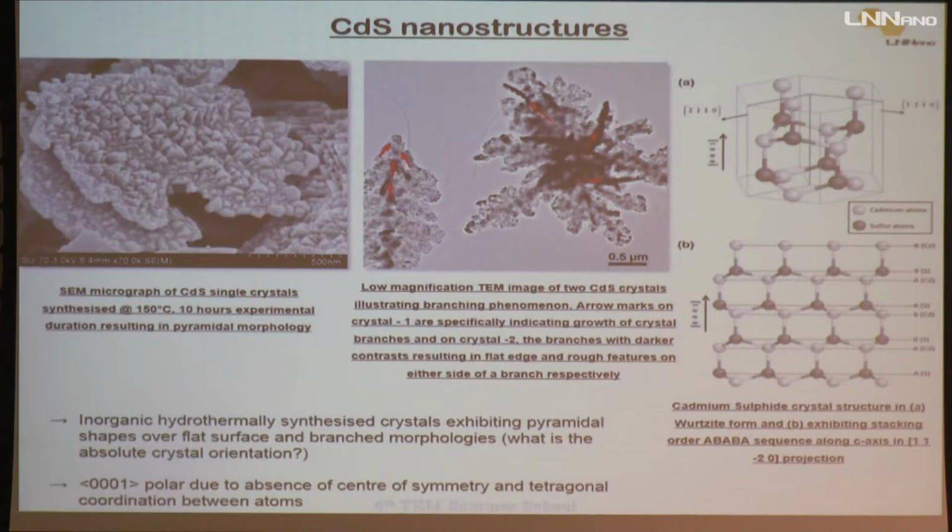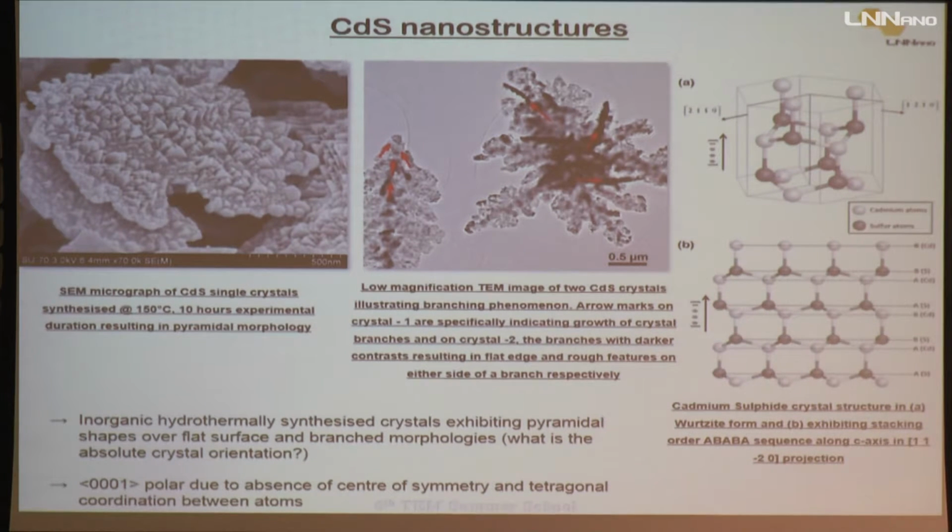From this SEM image, we can see that there is a flat edge on the bottom, and they exhibit pyramidal shapes on the tip, and we need to understand why there is a different growth at the top and bottom of these nanocrystals. And also from the TEM image, we can see that these crystals form kind of branches.